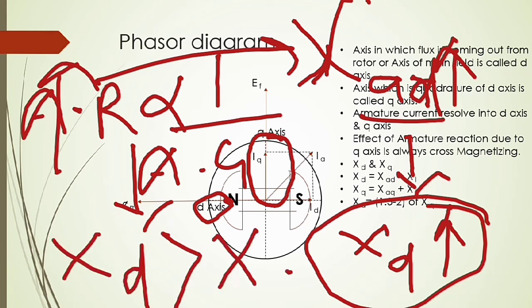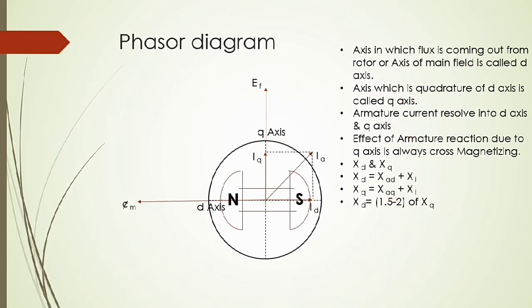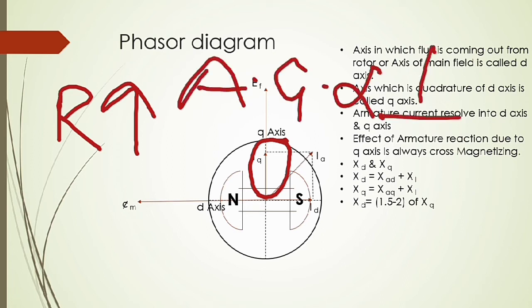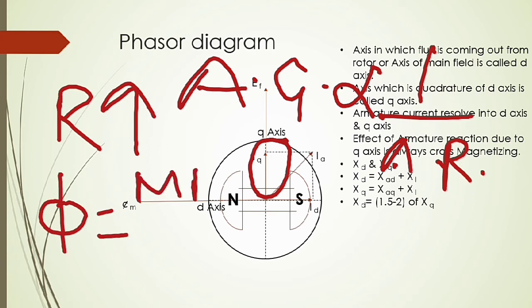I repeat again, in case of Xq, the air gap is large, so the reluctance is large. Air gap is inversely proportional to armature reaction. Flux equals mmf upon reluctance.